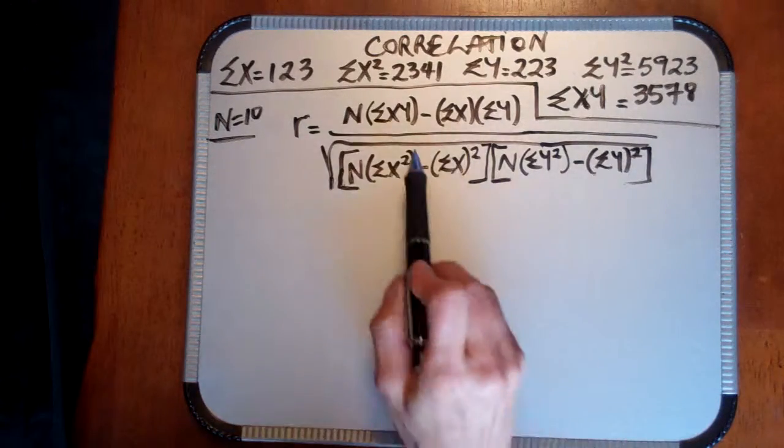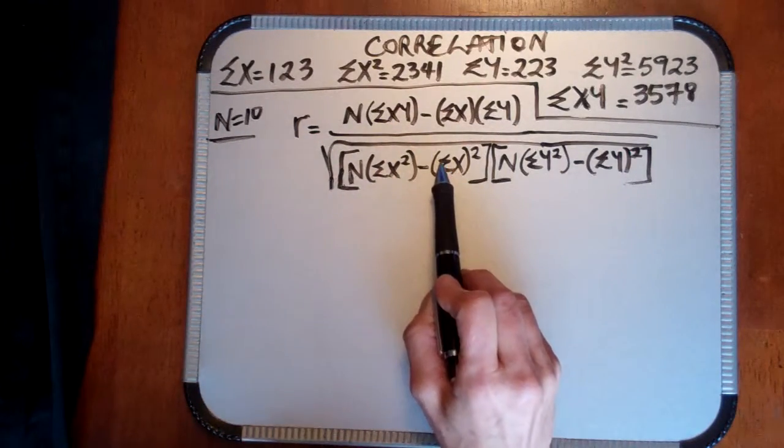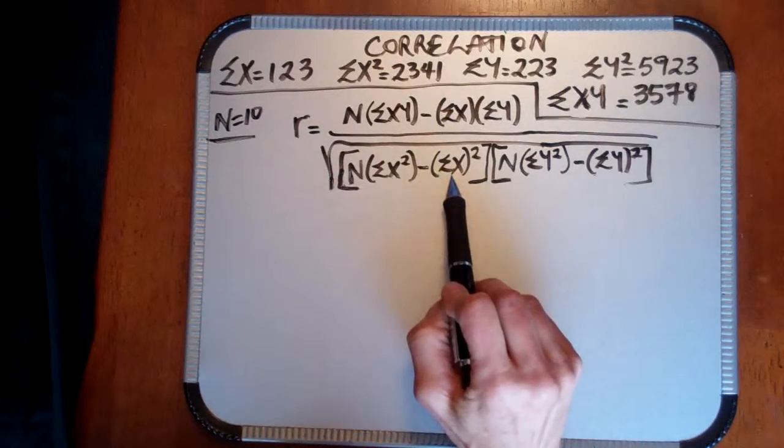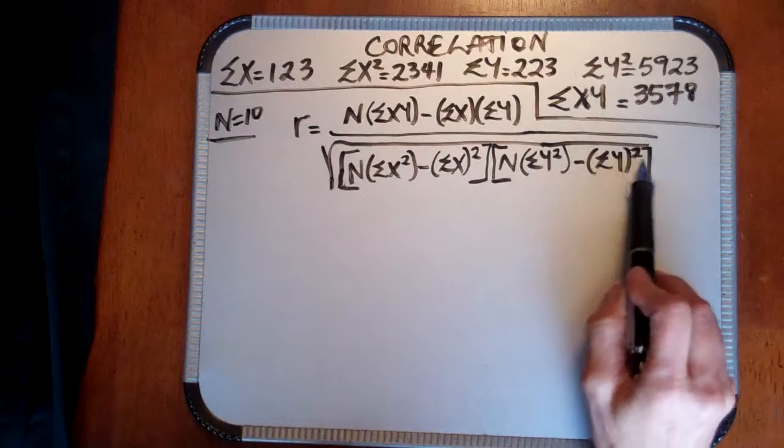So the only values that you need to complete this calculation that you don't already have up here is the sum of the x squared and the sum of the y squared.